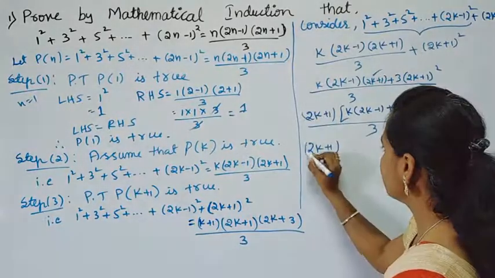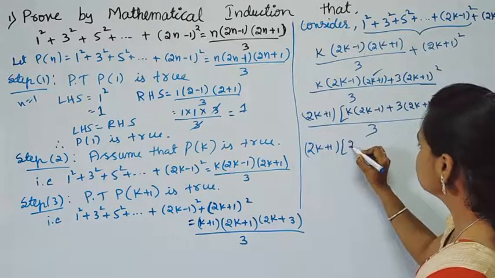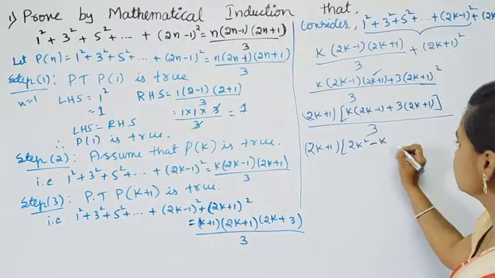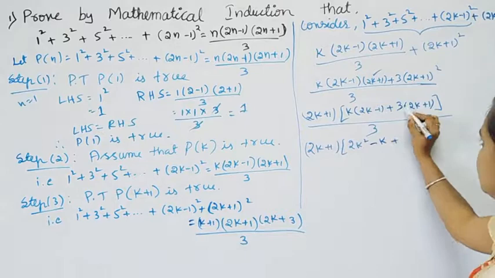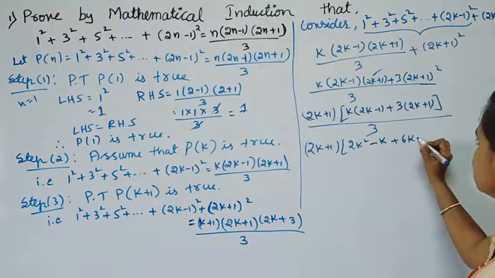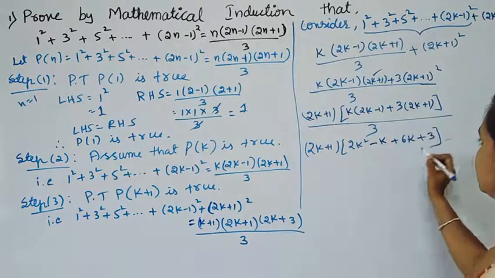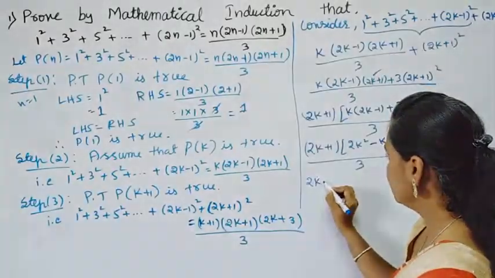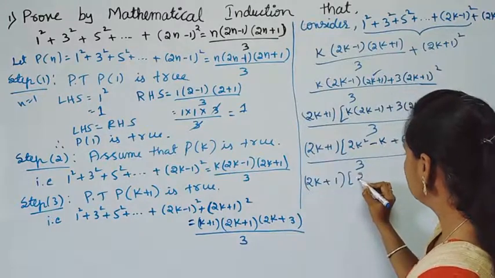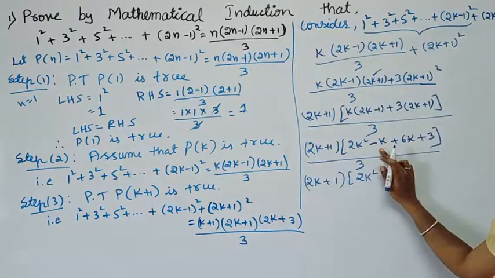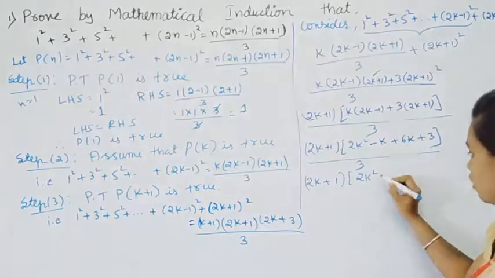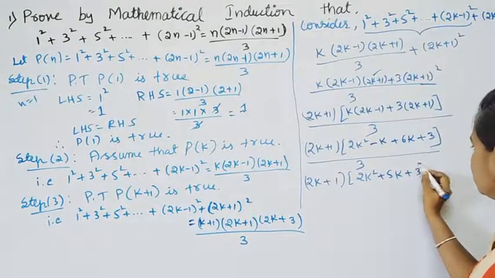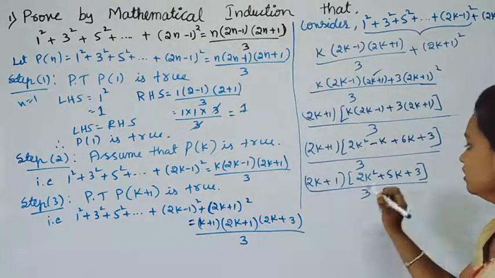So simplify this one. (2k plus 1) into, so k into 2k is 2k square, minus k into 1 is k, plus 3 twos are 6 into k is 6k, plus 3 ones are 3, whole divided by 3. So (2k plus 1) into 2k square, minus k plus 6k becomes plus 5k, 6 minus 1 is 5, plus 3, whole divided by 3.